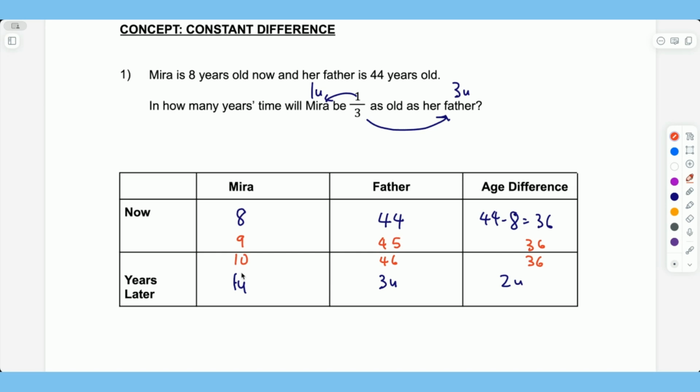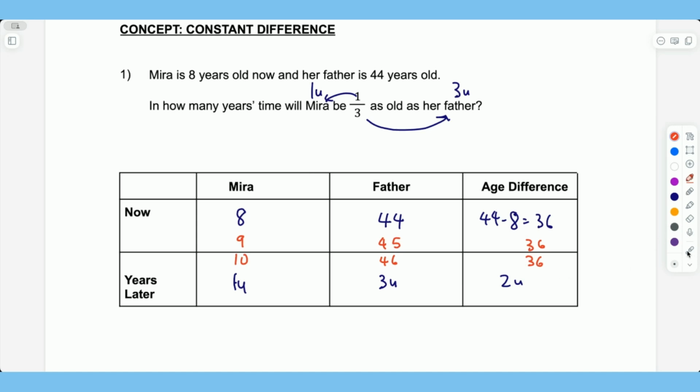And then there comes to a point when the father will become 3 times as old as Myra. However, the father will still be 36 years older than Myra. So this is the concept for the age difference that remains unchanged.